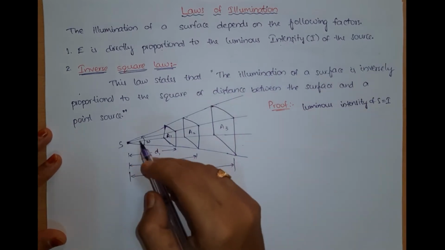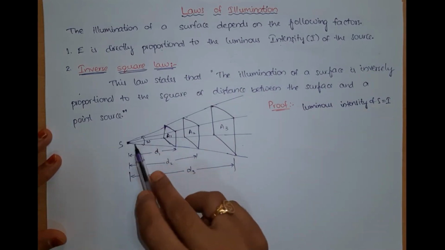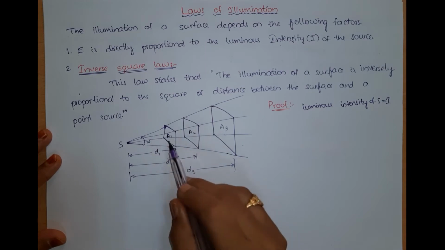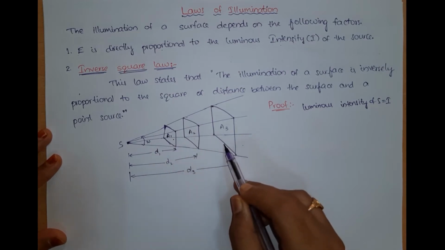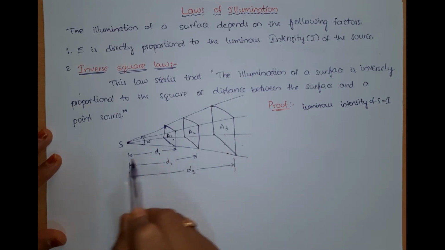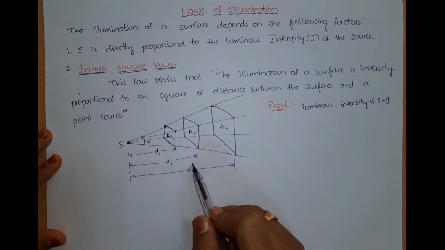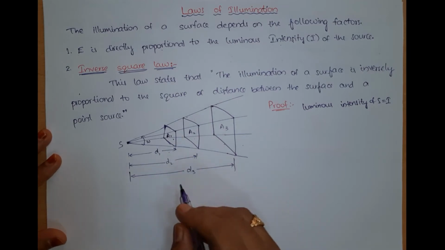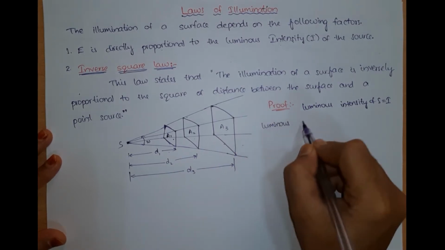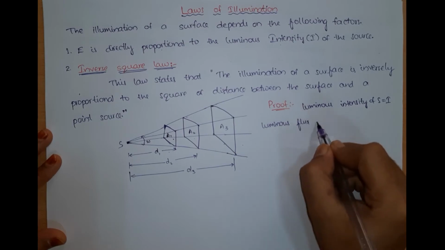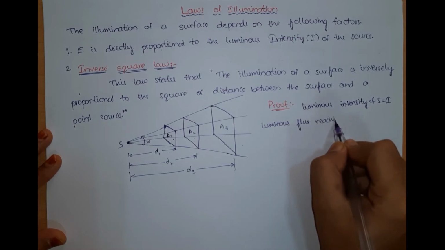So the luminous flux emitting from the source crossing these three parallel plates having areas A1, A2 and A3 square meters, which are separated by distance what? D1, D2, D3 are the distances from the source of these three different areas, right? Now what is the luminous flux that is reaching A1?